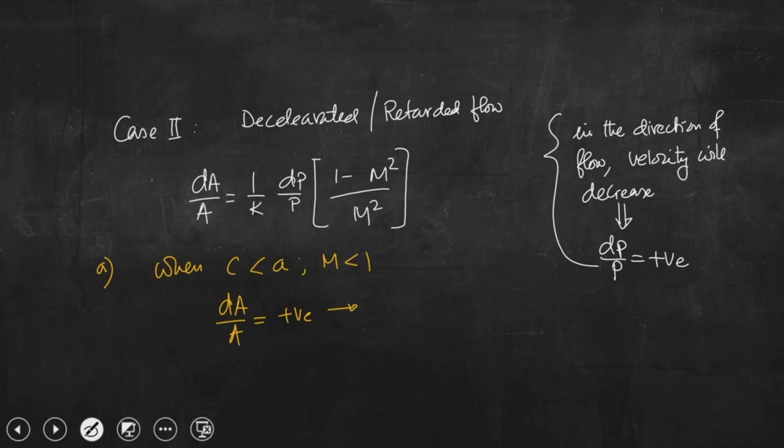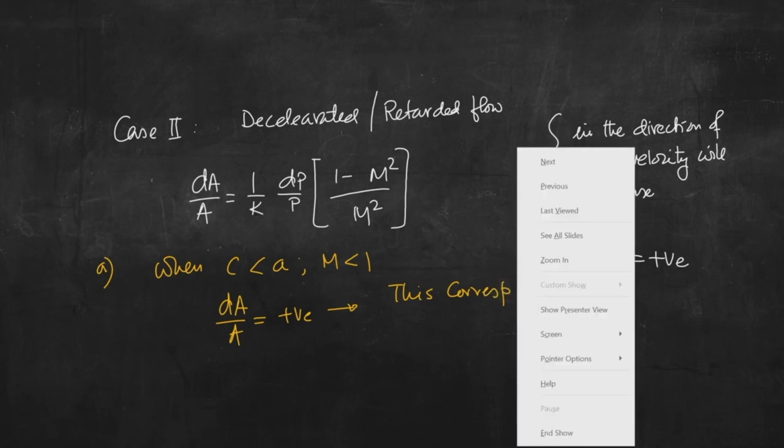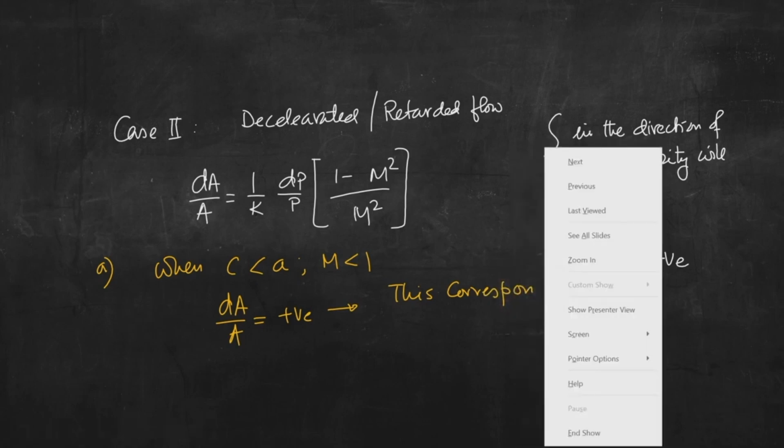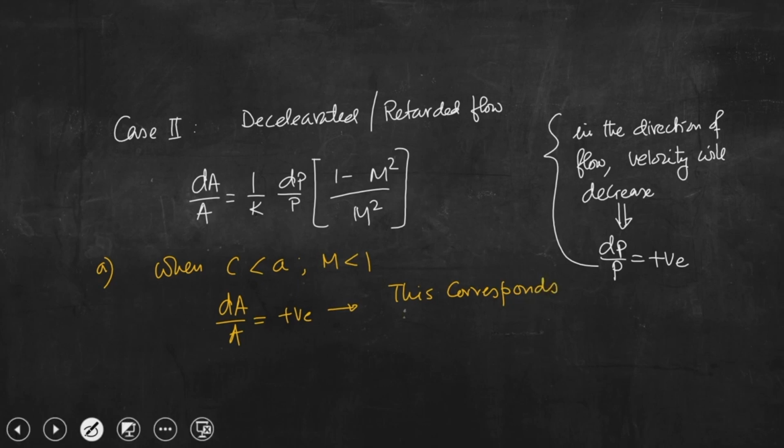That means this corresponds to the divergent part of the channel. Let me write here, that is diffuser.